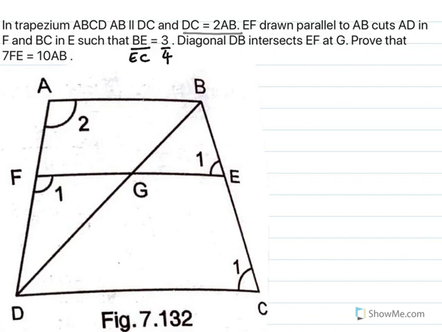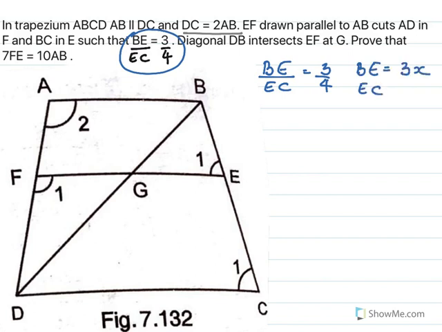Let's first start with this part where they said BE over EC is 3/4, which means I can take BE as 3x and EC as 4x. And let me write that. BE is 3x and EC is 4x.